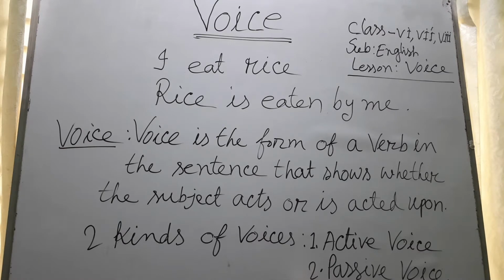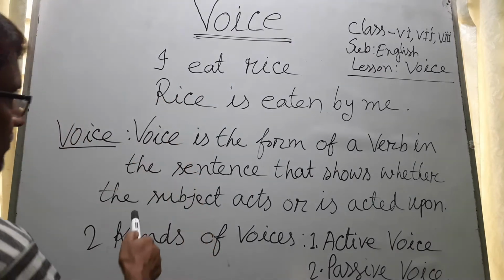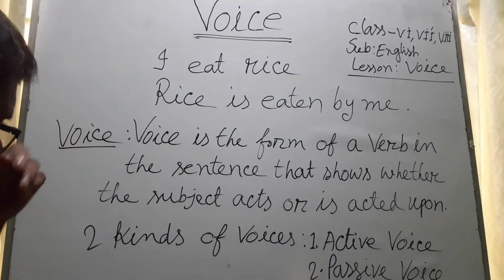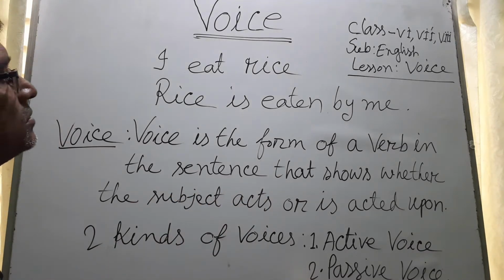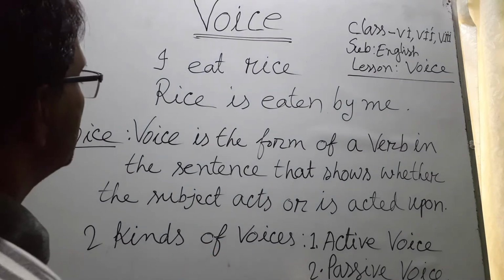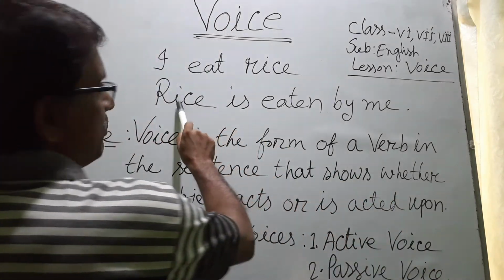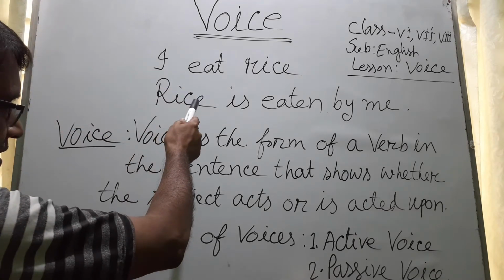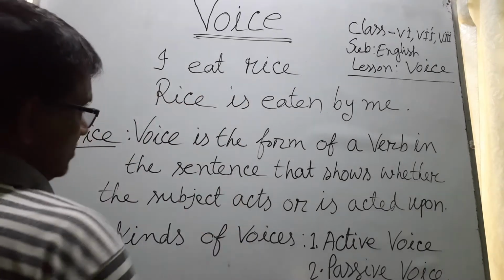From the definition of the voice, we see that once the subject is active, or the subject itself acts, and again the action of a verb is done upon the subject. Here there are two sentences written on the whiteboard, like I eat rice.